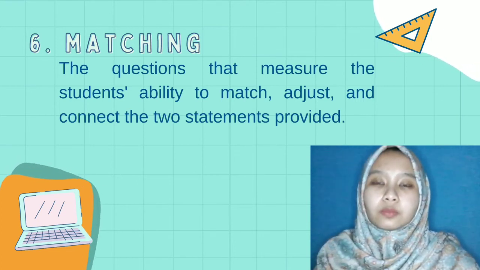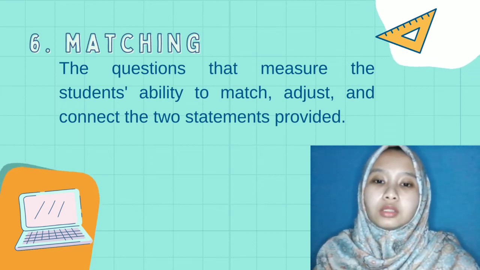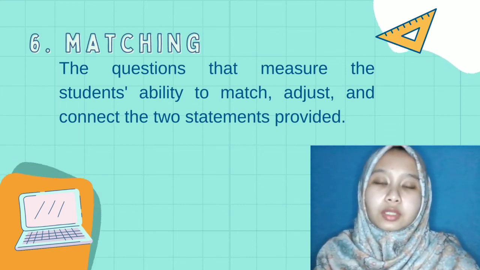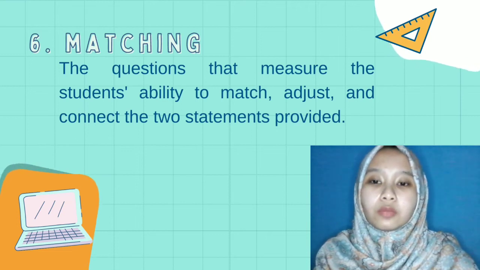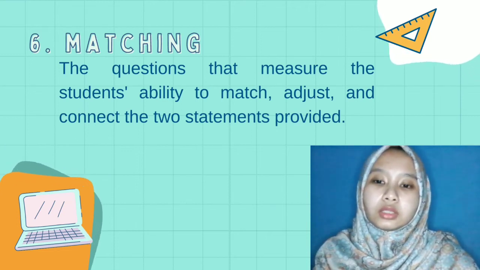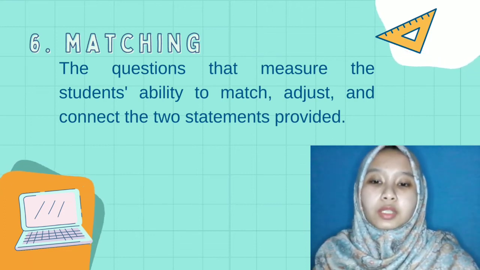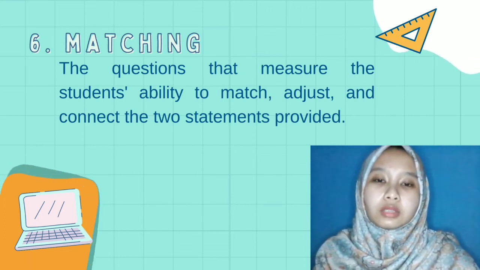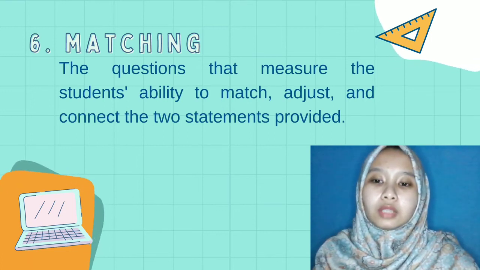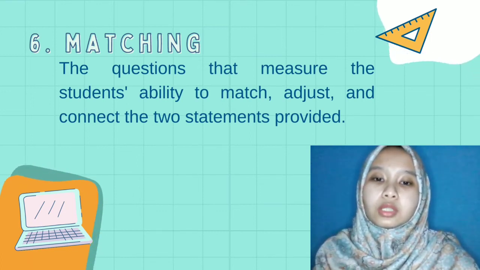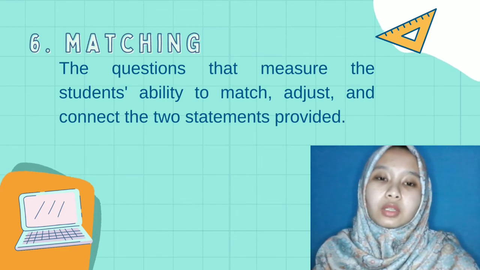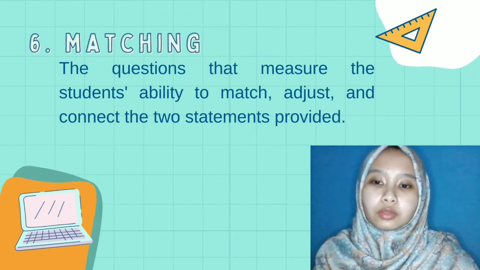In terms of question material, the writing of matching questions must pay attention to the following: the question must match indicators, then the question must be logical and homogeneous in terms of material, and then the formulation of the main questions and answers must be statements relating to the material being measured.